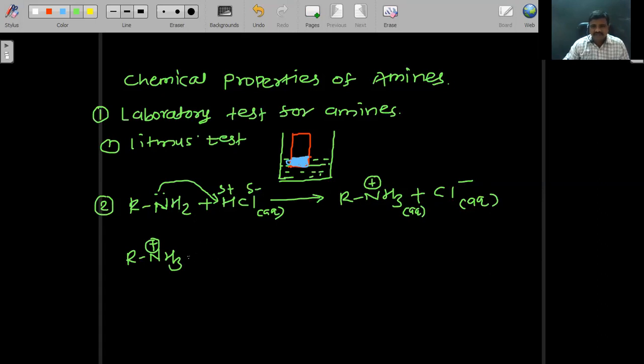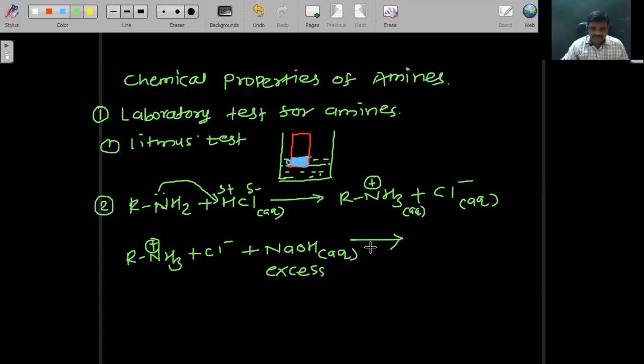This ammonium ion again reacts with NaOH. R-NH3 plus Cl minus reacts with NaOH. Aqueous NaOH is a base and is taken in excess quantity. So what happens in this reaction?